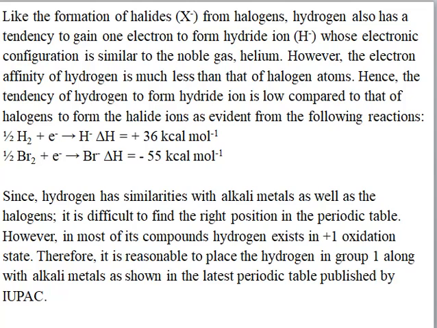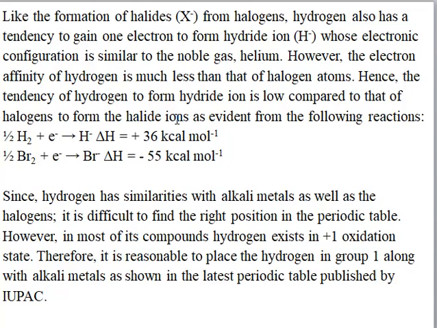Since hydrogen has similarities with both the alkali metals and the halogens, it is difficult to place hydrogen in the periodic table. Where to place it: above the alkali metals or above the halogens?